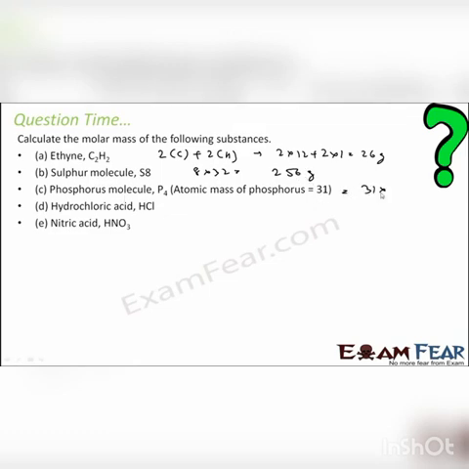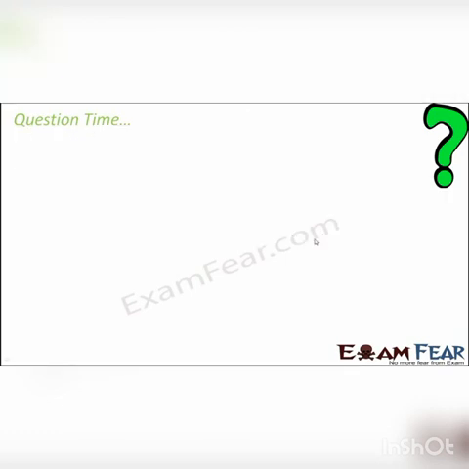Phosphorus P4, each phosphorus is 31, 31 into 4, 124 gram. HCl, 1 hydrogen, 1 chlorine, 35.5. You add them, you get 36.5 gram. Nitric acid, 1 hydrogen, 1 nitrogen, 14, 3 oxygen, 3 into 16. You solve it, you get 63 gram.